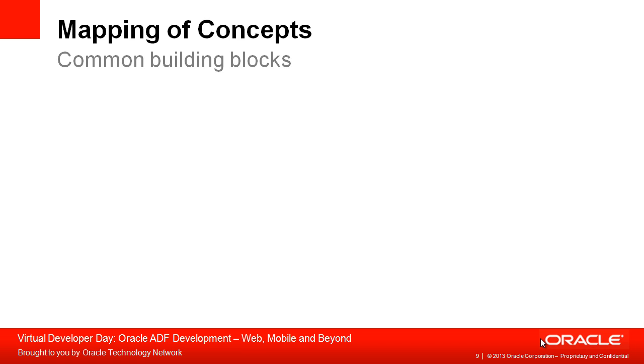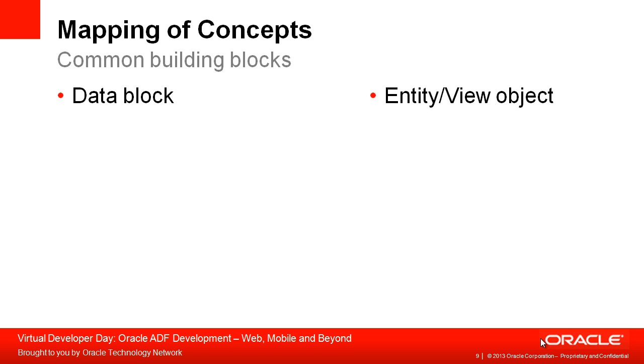So let's look at some more specifics on how Forms and ADF concepts map. In Forms, we have the concept of a data block, and a data block represents your underlying database table inside your Forms application. Well, in ADF we have the same thing. It has a different name.